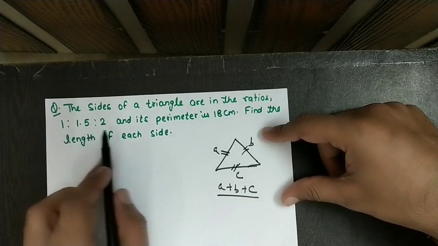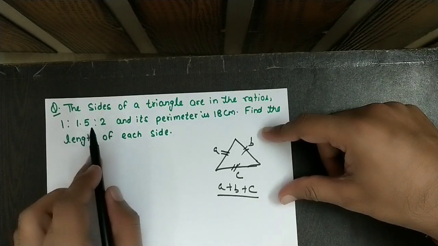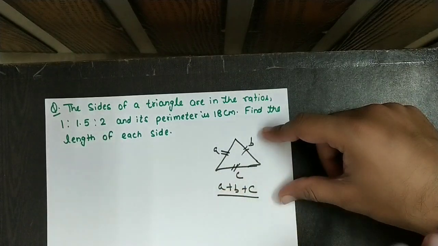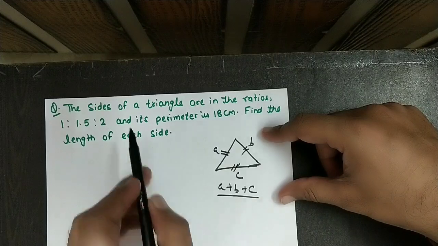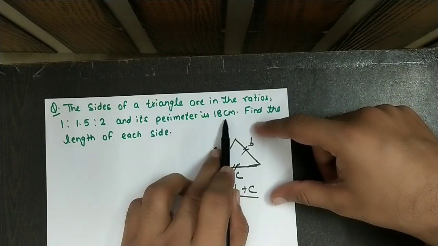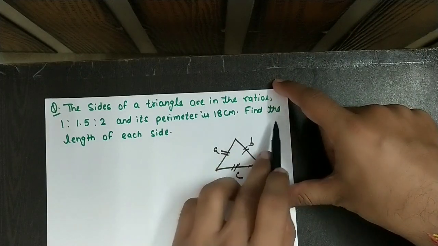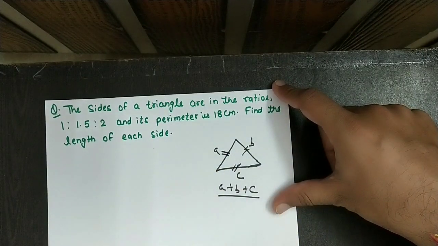Here we have the ratio 1, 1.5 and 2 for these three sides, and the perimeter is 18 centimeters. Now, what do we have to find? We have to find the length of each side.